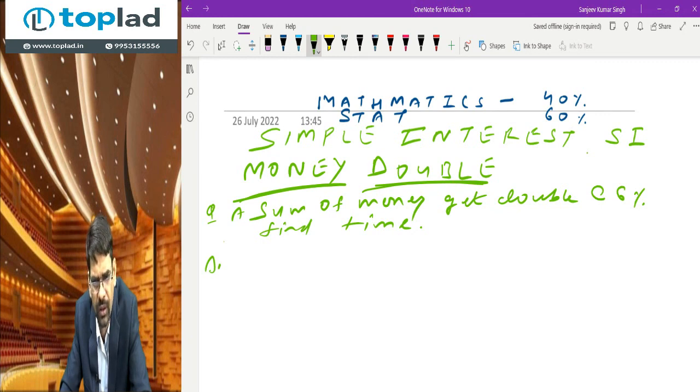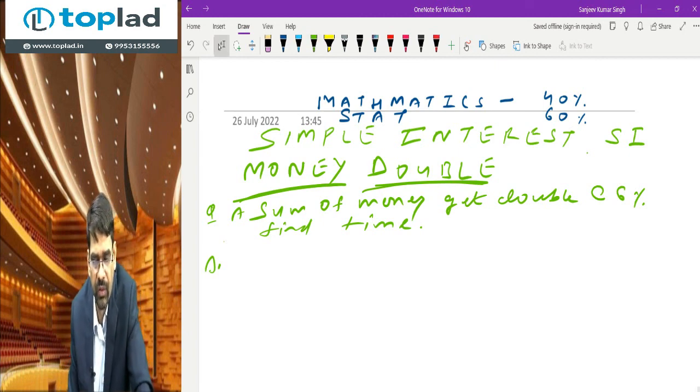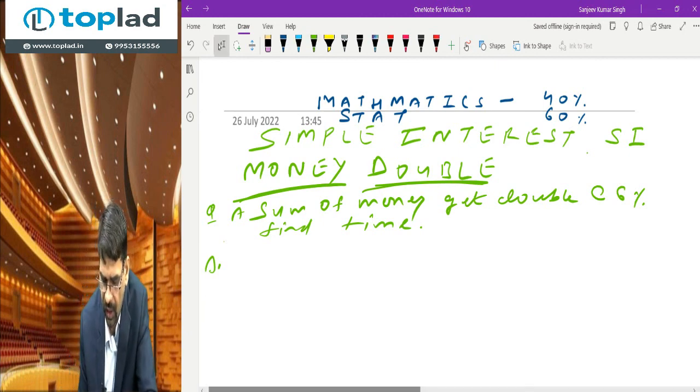Without mathematics, you can't do anything. Whether accounting, cost accounting, strategic financial management, management accounting, even audit, corporate laws, tax laws, direct tax, indirect tax, income tax, GST. We have to understand the concept and then try to solve the question.